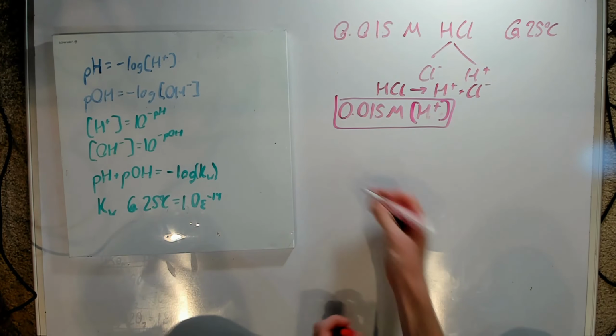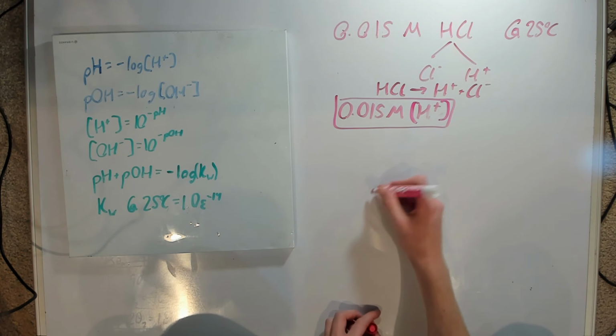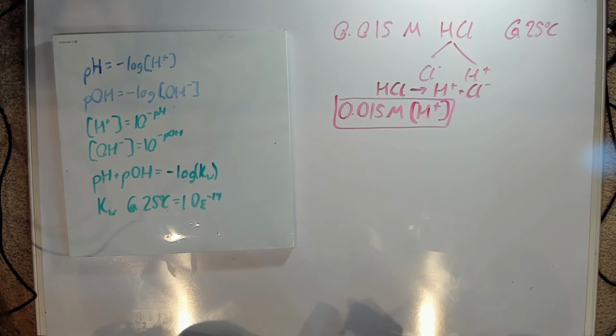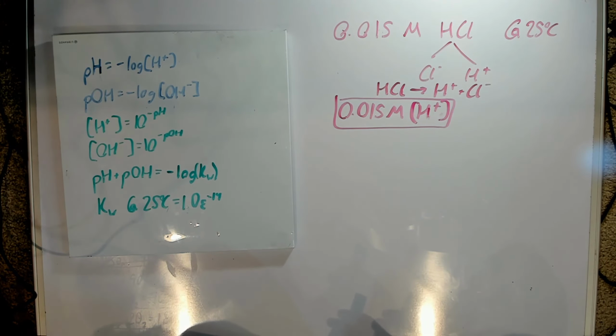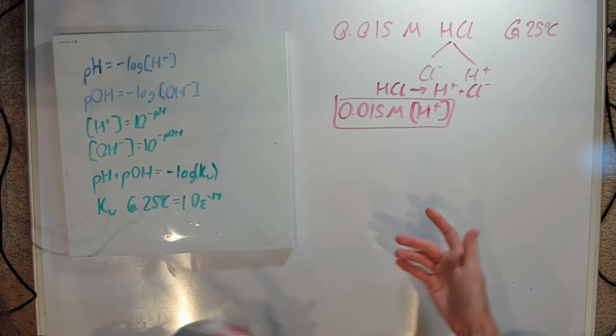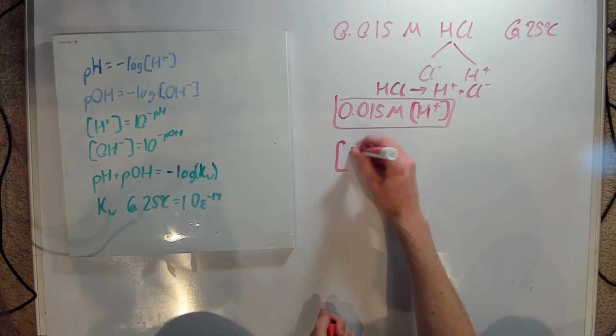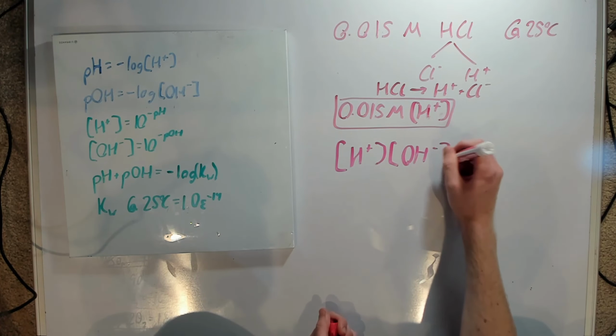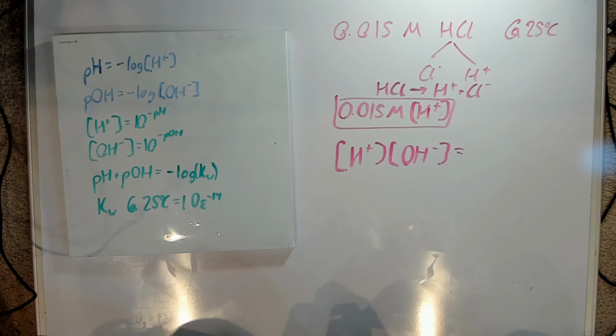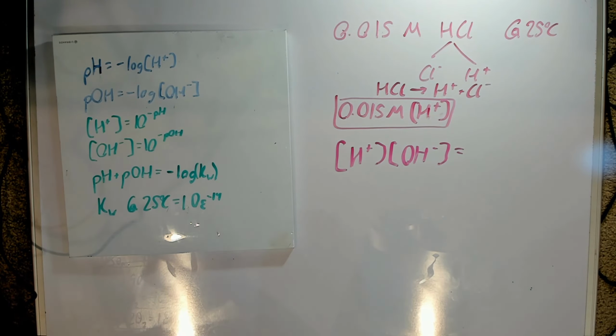Now we'll take the water equation into account, because once we've gotten things into concentration of H plus or OH minus, once given a concrete number, you can start playing around with the water one. So we have H plus times OH minus equals KW at any one point.